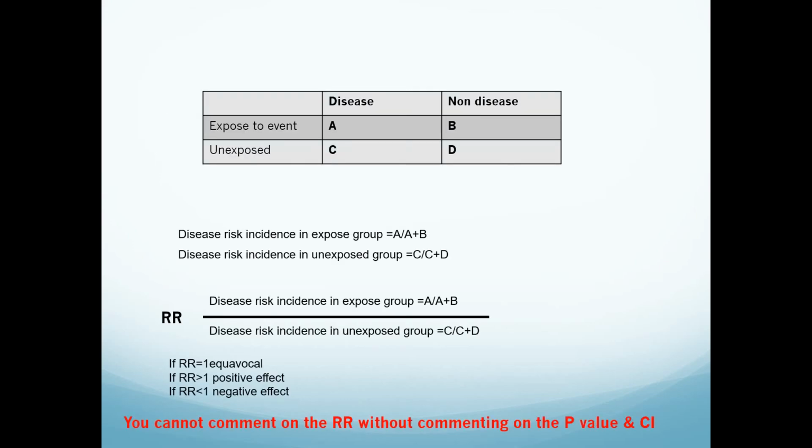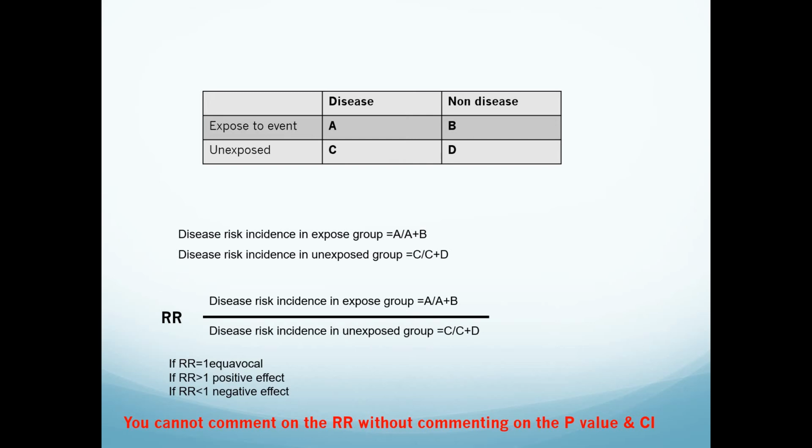And when we are talking about the cohort study, whether this study is retrospective or prospective, or the randomized control study, we are talking about two groups, the intervention group and the non-intervention group, or the exposed group and the non-exposed group.